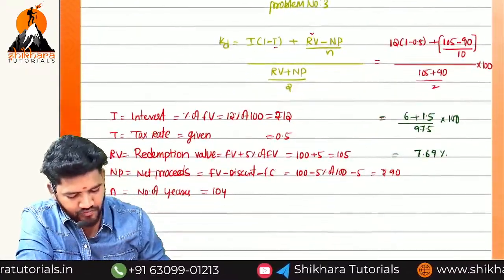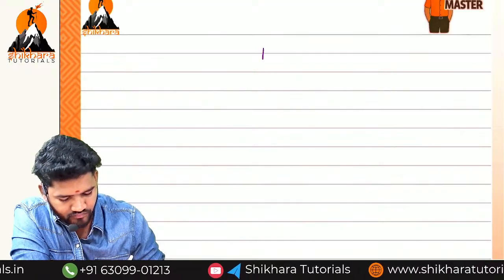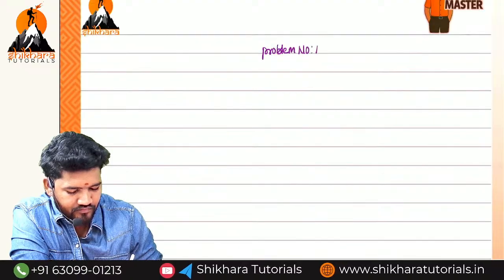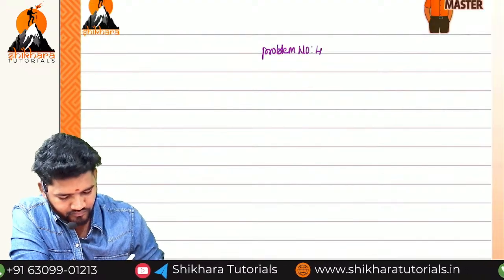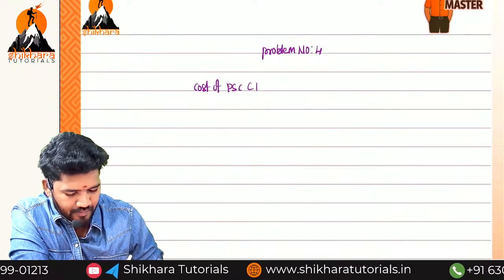So, problem number 4. Cost of preference share capital, KP calculation.